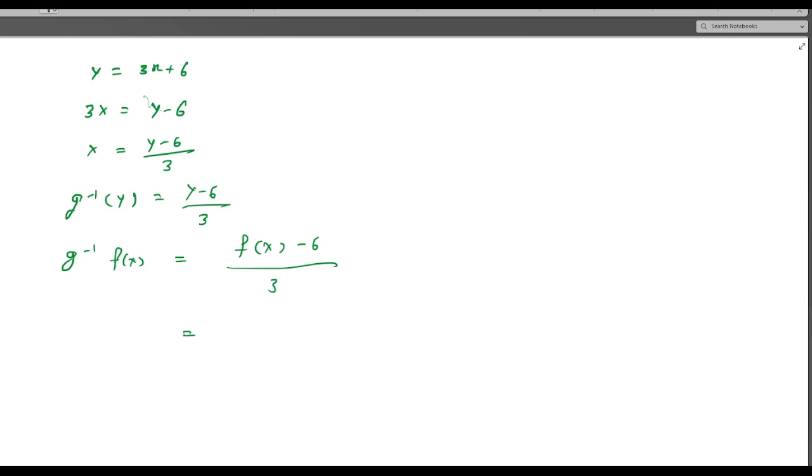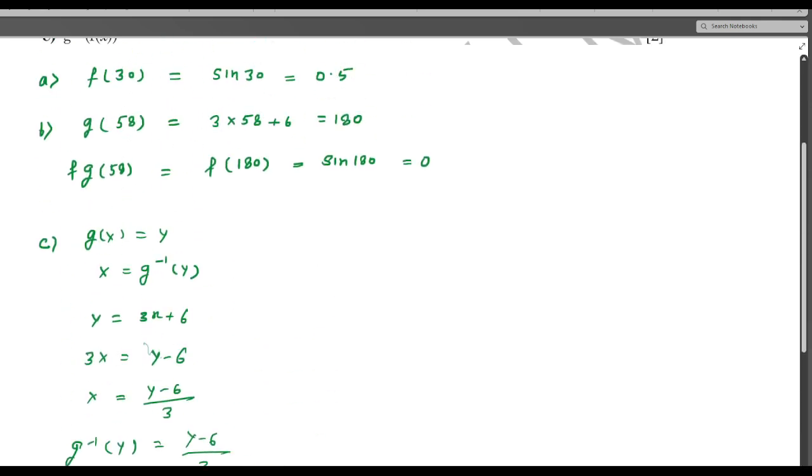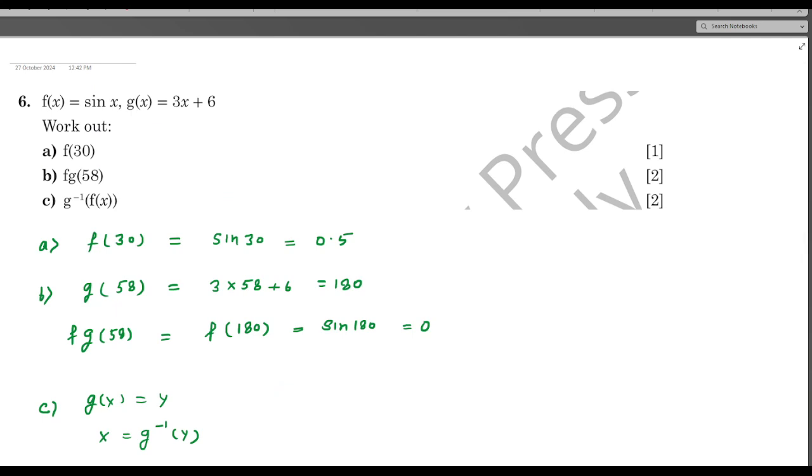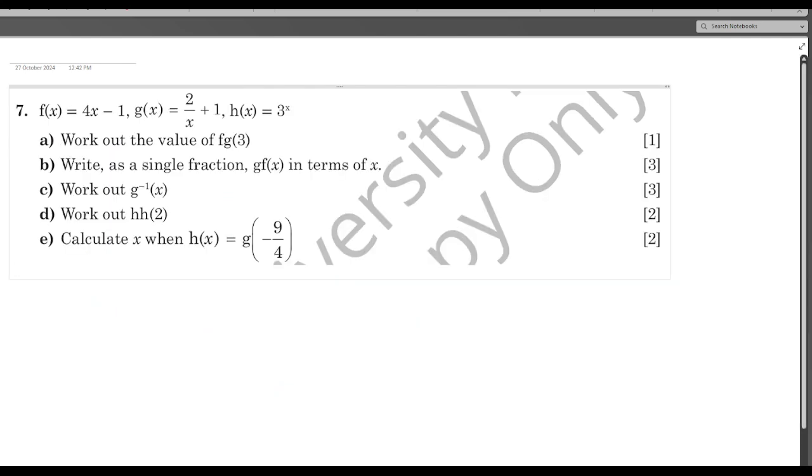So here you will say that sine x minus 6 divided by 3. This is your g inverse of f(x). Okay, done.